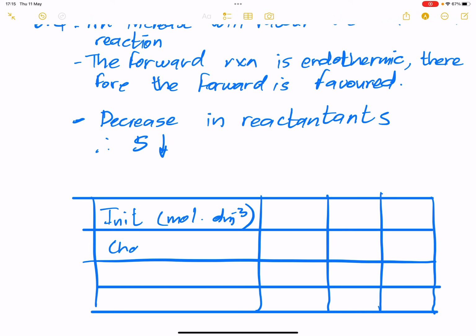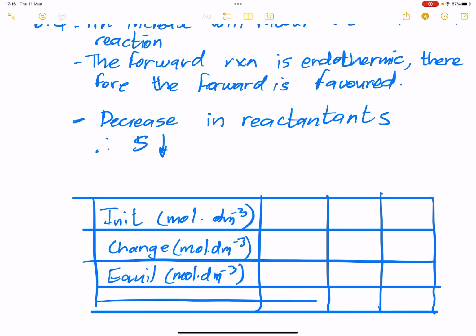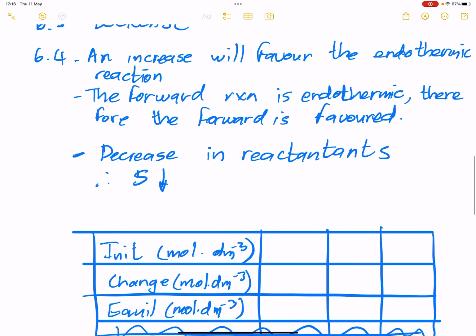So we've got the change that takes place there. That will also be in moles per cubic decimeter, and that will be equilibrium, also in moles per cubic decimeter. So that simply means I won't necessarily require this portion here, because everything will essentially be in moles per cubic decimeter.